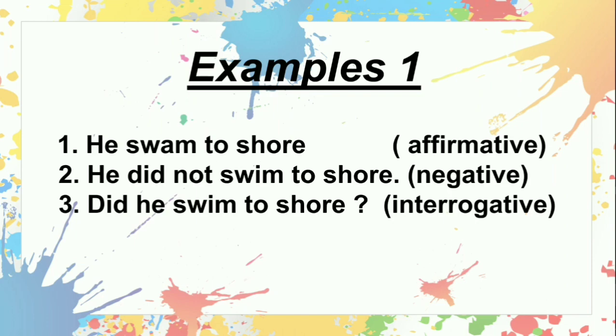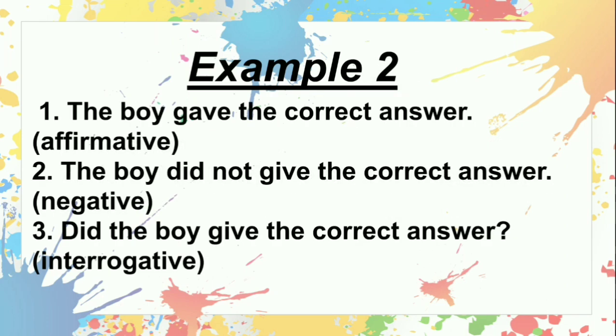Let's see its next example. The boy gave the correct answer. In which type is this sentence? It's an affirmative. Then the boy did not give the correct answer. It's a negative. Then did the boy give the correct answer? It's an interrogative.